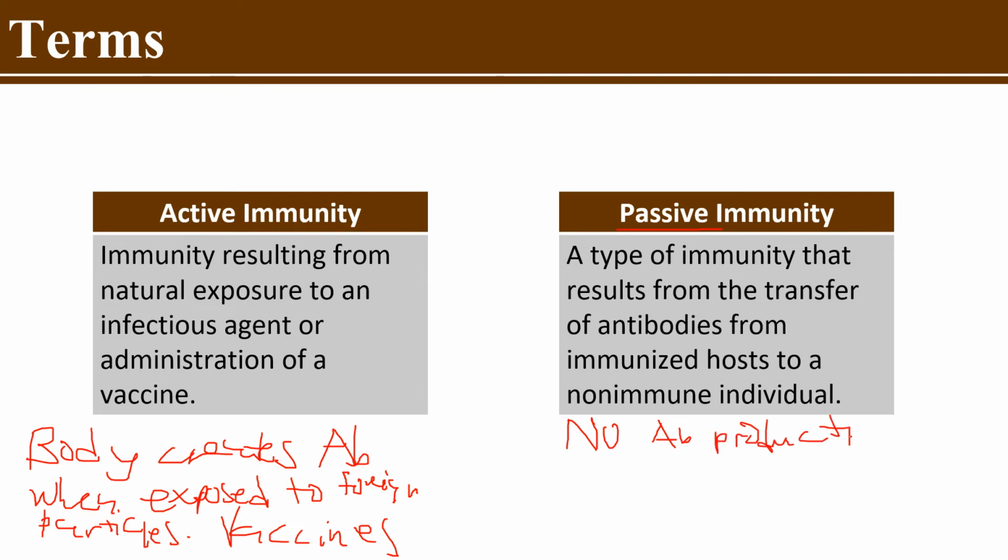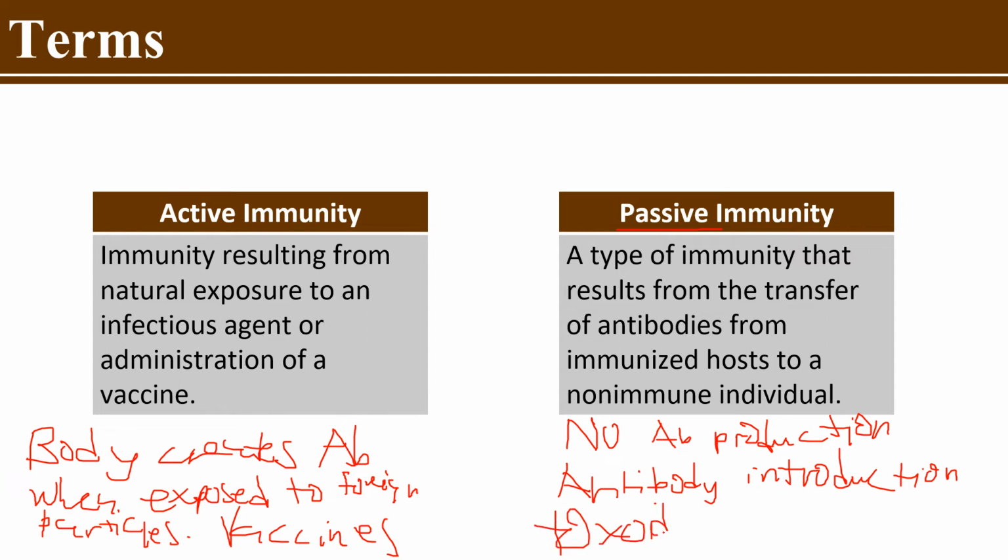Instead, there's what we call antibody introduction. So you would get antibody from another source. It could be from your toxoids and other matter that we will discuss in the future topics. So that is your passive immunity.